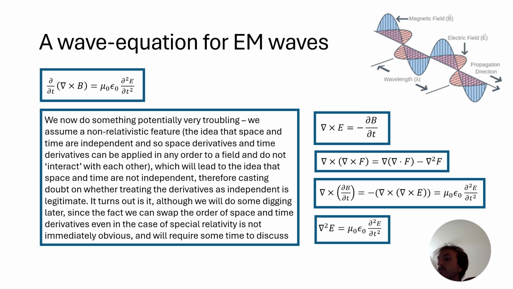Once you've gone through that, you'll end up with a wave equation for the electric field, which relates second-order space derivatives, I say derivatives because there are many spatial dimensions to worry about now, with a second-order time derivative, causing them to be proportional to each other. So we do indeed have a wave equation for the electric field.